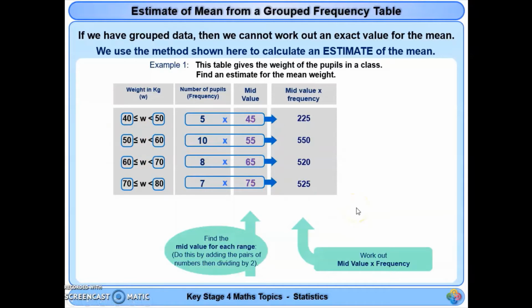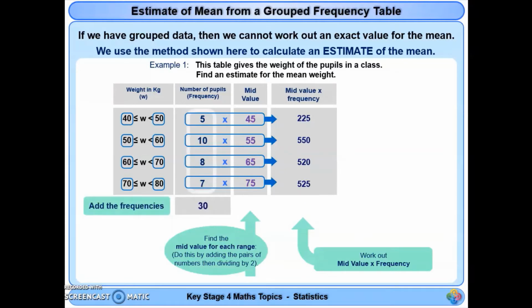So now we can start looking at some totals. If I was to add up all of these 4 numbers, we would get a total of how many pupils were in the class. If I was to add up these 4 totals, we would get the total combined weight of every student within the class.